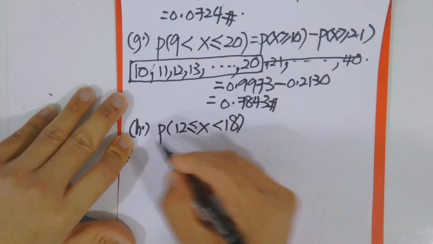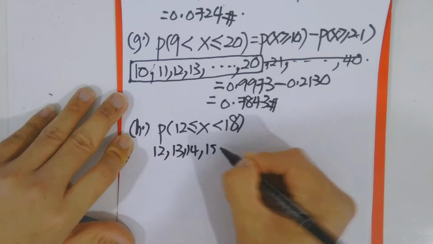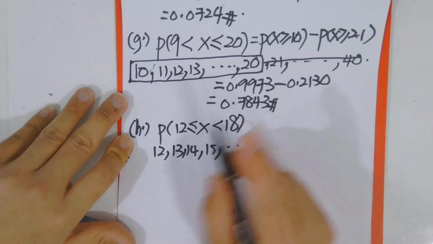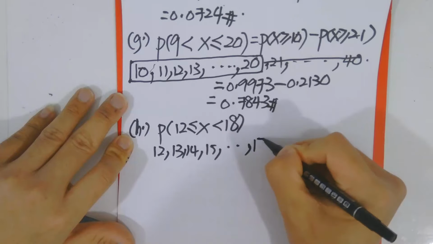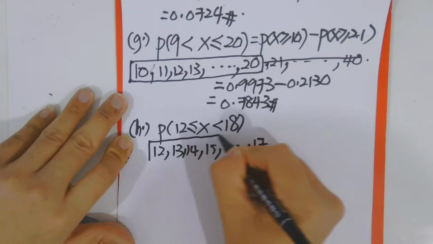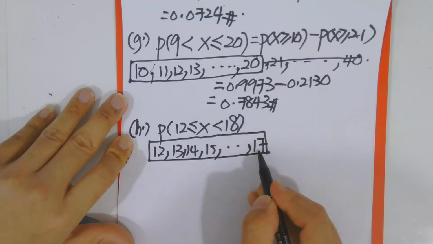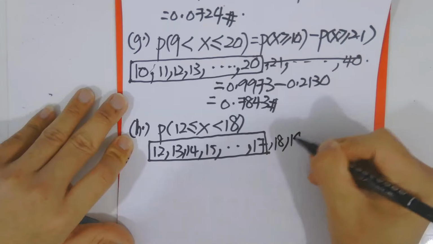Between 12 and 18, include 12, which means start from 12: 13, 14, 15, and so on. Can it be up to 18? No, it's less than 18. The number before 18 will be 17. So I put in a box that I want 12 up to 17.